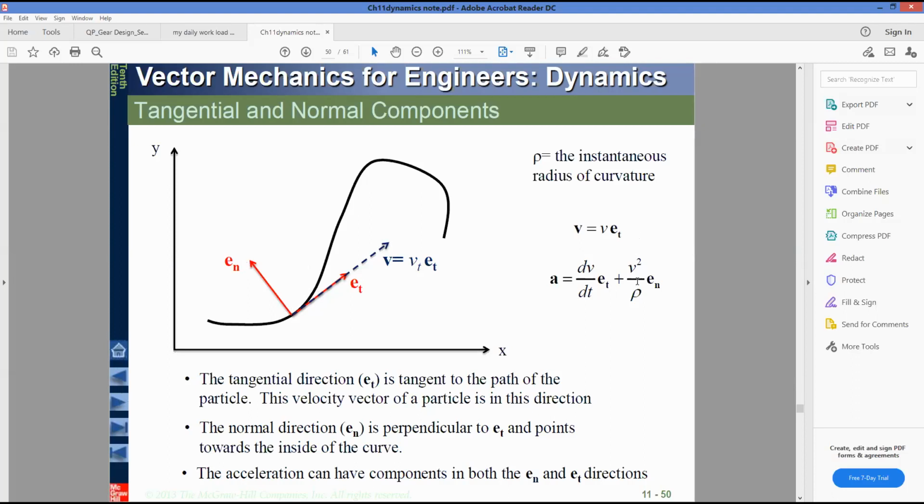So that normal component of acceleration is which one? That is velocity square divided by the radius, which is denoted as rho. Okay, so if in the question it is asked to find out the acceleration component along the normal direction, then don't use dv by dt, always use v square by the radius of that curve. Okay.